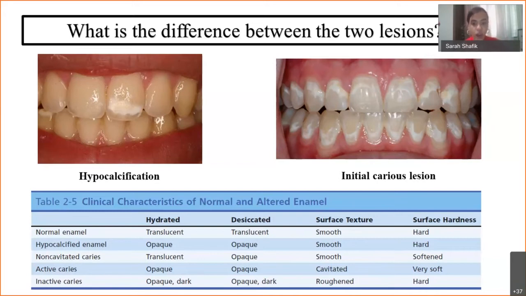As for the second photo, the initial carious lesion, those kids have a problem with oral hygiene and carbohydrate diet intake. You're going to notice that the lesion is opaque all the way, whether it's hydrated or dehydrated, and there is no remineralization on the surface. Actually, demineralization is occurring right now. So this is a huge difference between both.